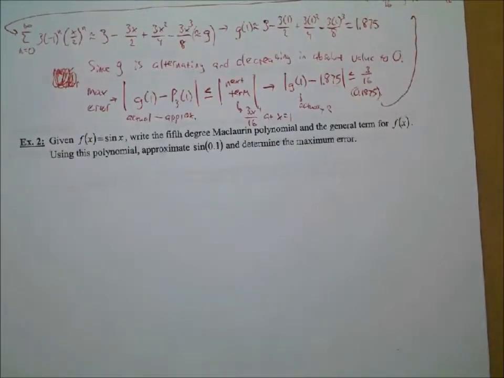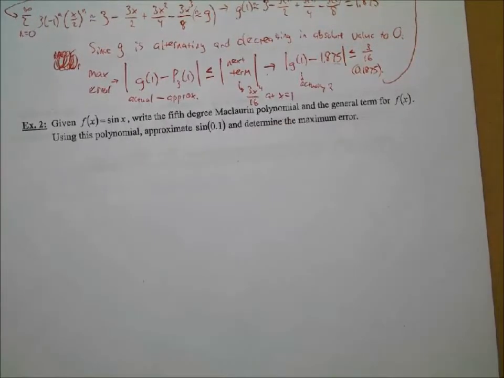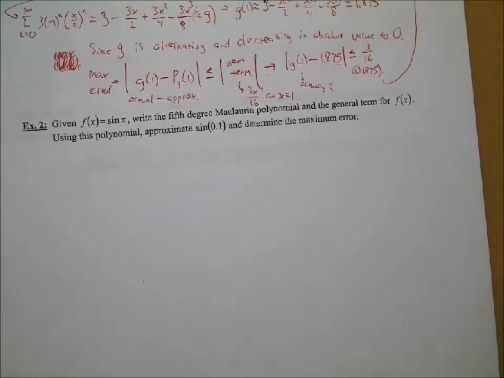That's one of those functions we should be familiar with. We should also be familiar with this general term. So take like a minute and write that 5th degree polynomial, and then if you want, approximate sine of 0.1. All this should be familiar, up to the determining the maximum error part.